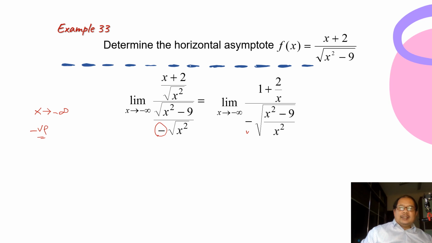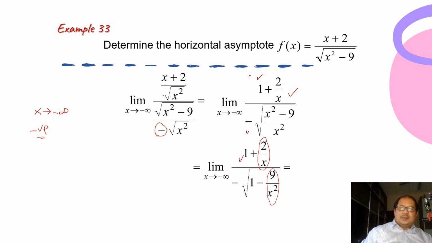Jadi di sini x over x is 1, 2 over x, tinggalkan situ. Kemudian kita boleh ringkaskan x square over x square is 1. Kita dapat 2 over x and 9 over x square. When x approaches negative infinity, nilai dia akan jadi kosong. Maka kita akan dapat jawapan dia negative 1.